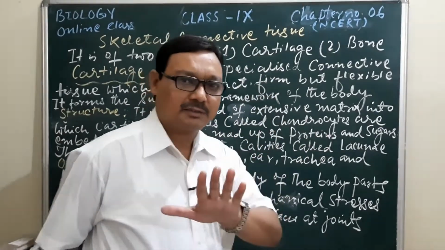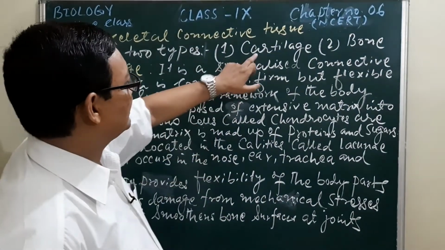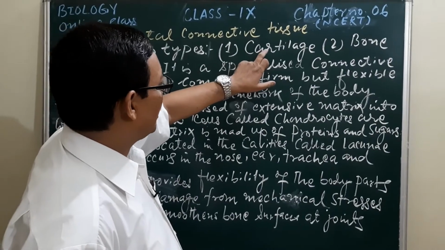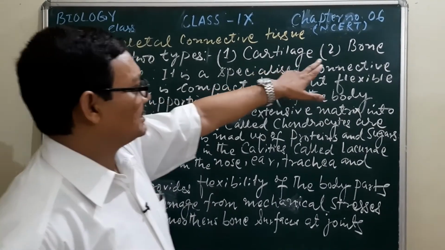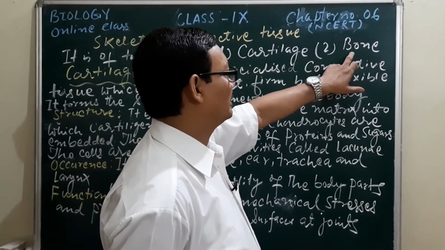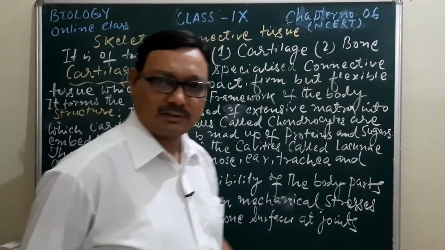differ in their characteristic features, in this sense that cartilage is compact but flexible, while bone is rigid, hard and non-flexible.